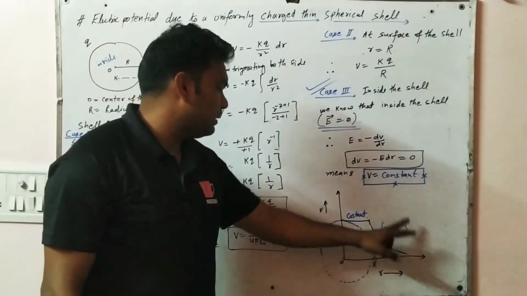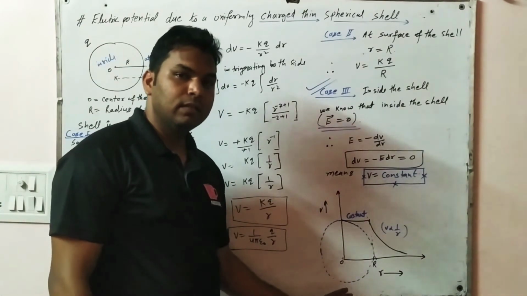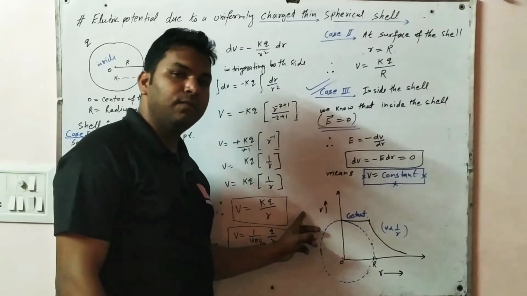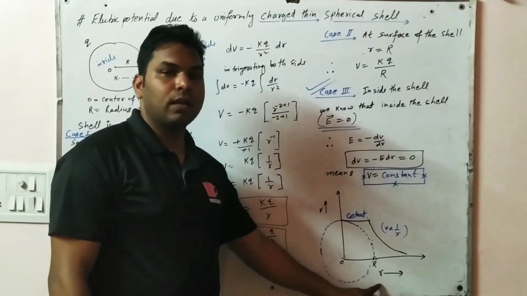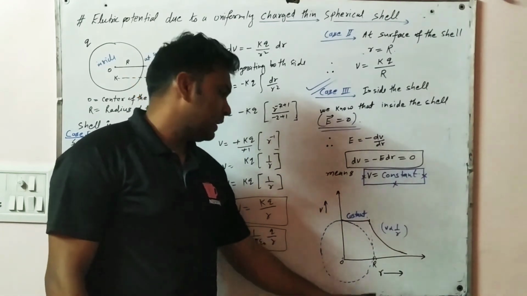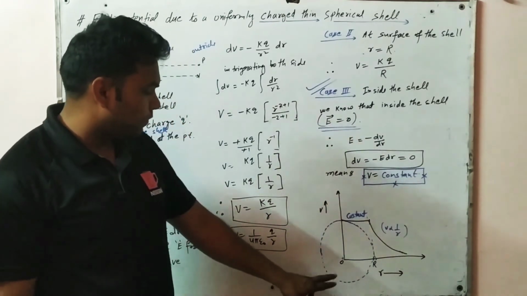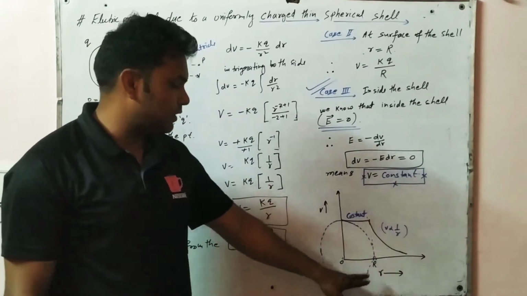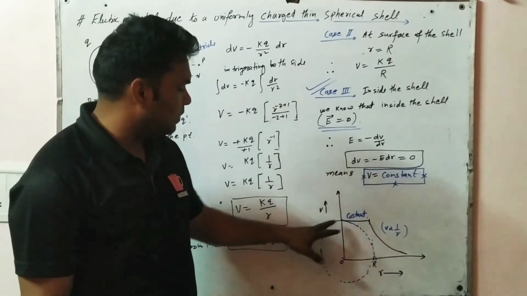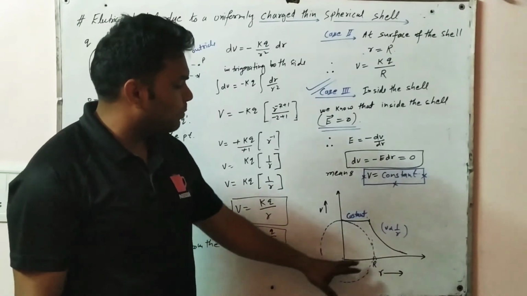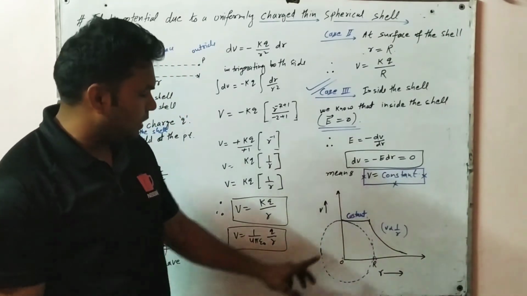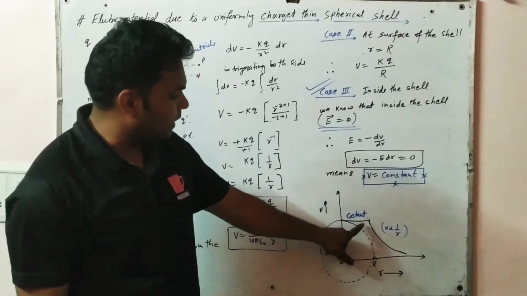Now this is the graphical representation of the electrostatic potential V with respect to r. Clear? As we know that from the center up to capital R, the radius of this spherical shell, the value of the electrostatic potential is constant. So we represent it by a straight line.